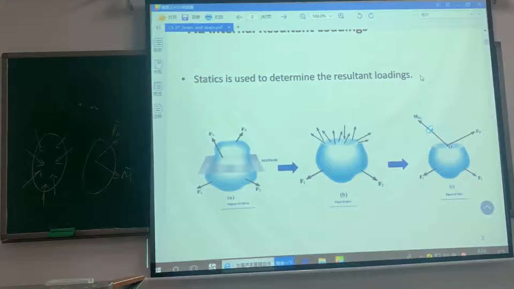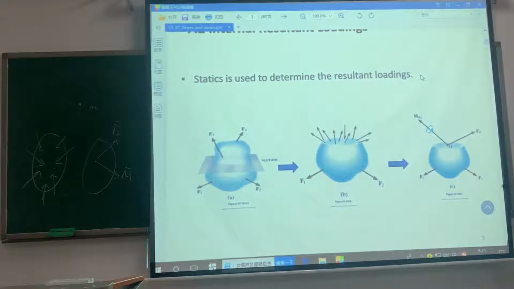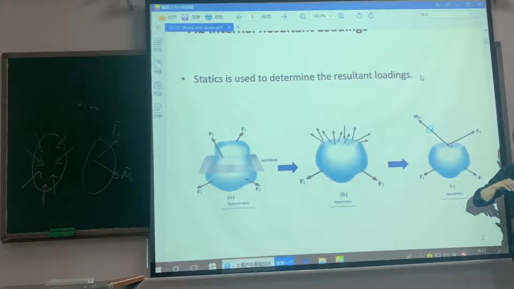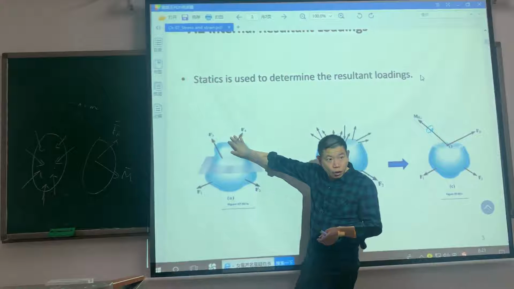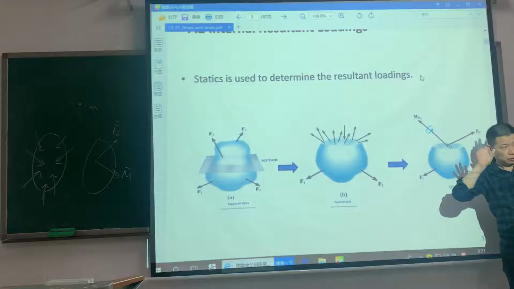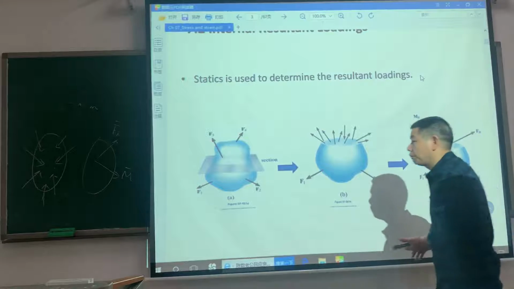So it can be replaced by one moment and one force. Because the moment and the force are exerted by the top part, we call it internal force, because the force happens inside the body.